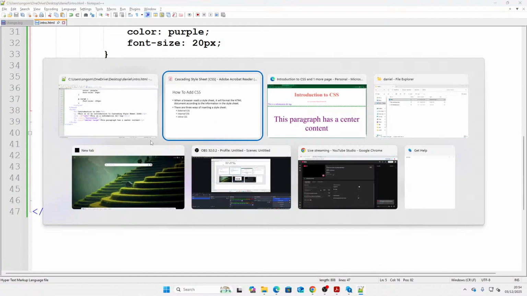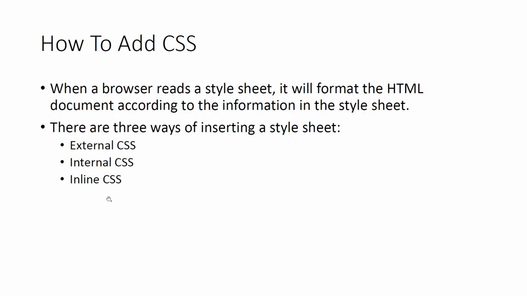So to add our CSS property, we can use the inline method. What the inline method does is apply the style directly to our HTML elements using what we call the style attribute. With the style attribute, we're able to apply the specific style which we want to that specific HTML element.